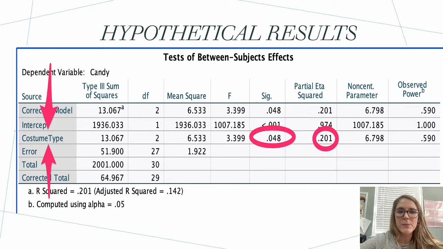This tells us that we can be reasonably confident that 5% of the time or less, we are seeing a difference in the amount of candy each costume type gave us due to an error that we've made or some other reason. So 95% of the time, we can feel confident that the difference is due to the costume type. And we look at the effect size here is 0.201, and that's a pretty large effect size.